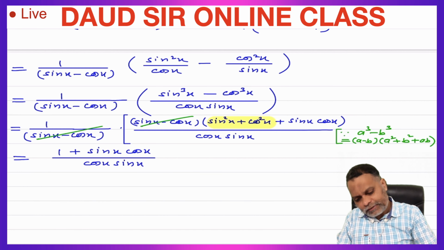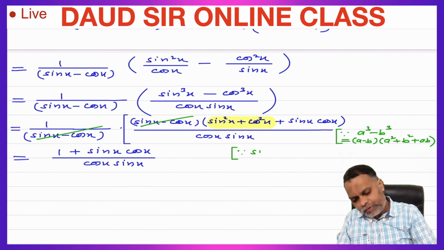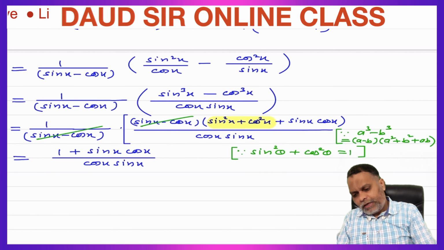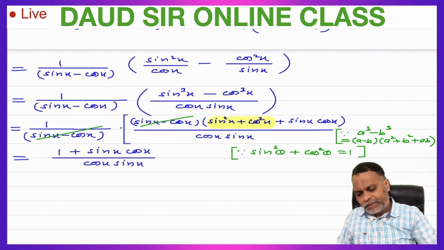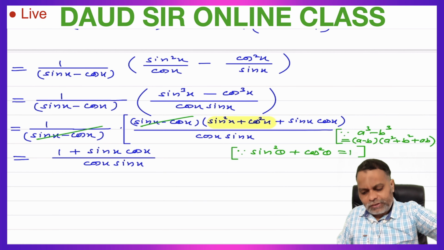Here we applied this, since sin square theta plus cos square theta is equal to 1. This identity we applied here. Now we have got this 1 plus sin x into cos x upon cos x into sin x.